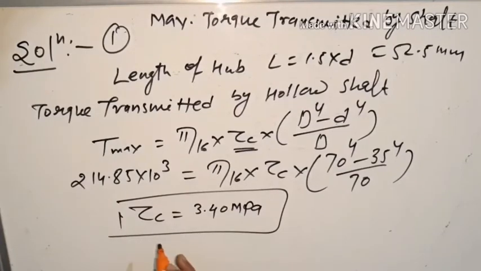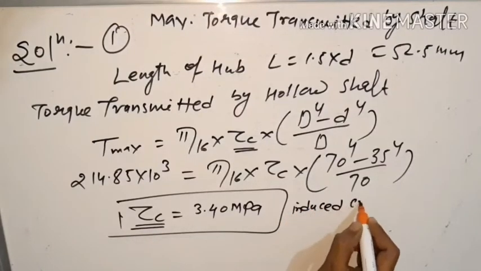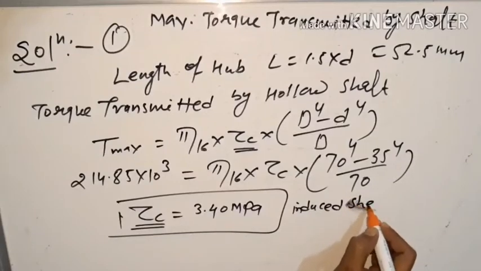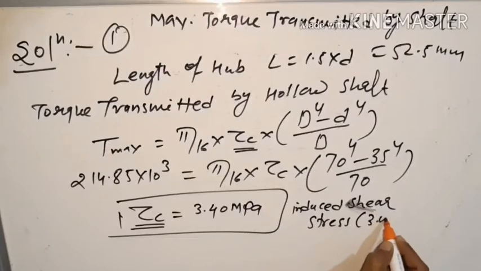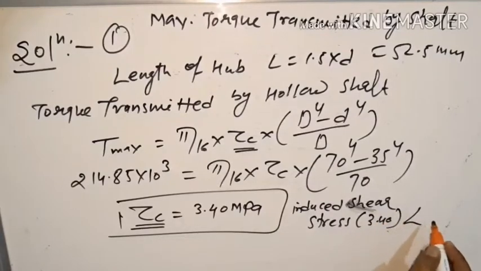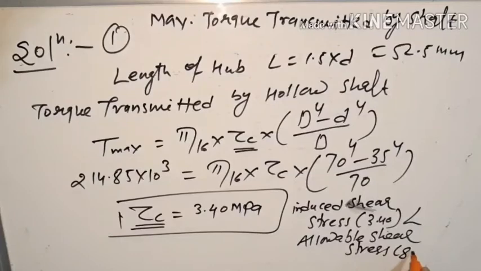Okay, so you find this induced shear stress, that means 3.40, is less than the allowable or permissible shear stress, which is equal to 8 megapascal. You saw this from your question.